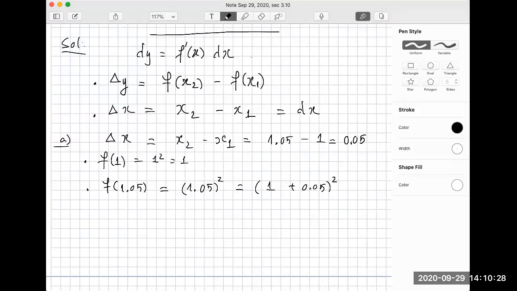And then square. Take advantage of the perfect square formula. We have that it will be 1 squared plus 2 times the first number, which is 1, times the second number, which is 0.05, plus the second number squared.